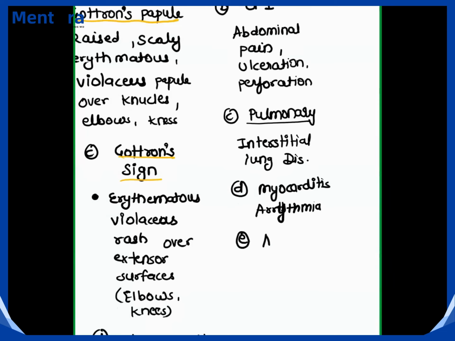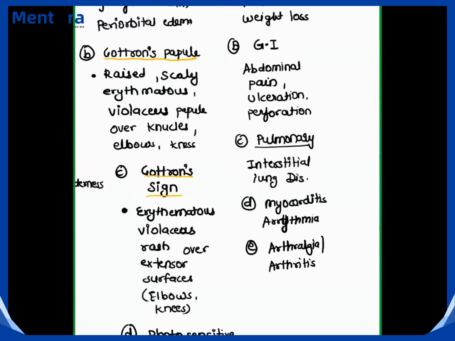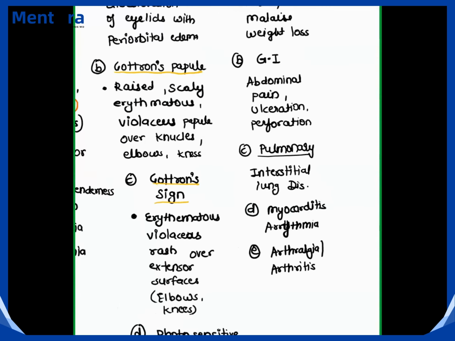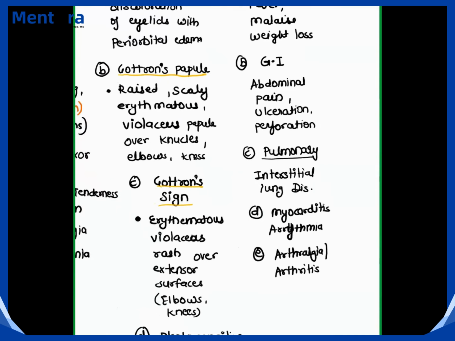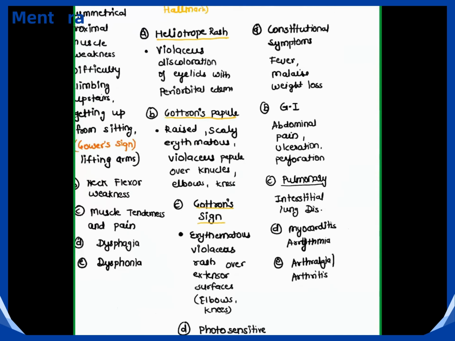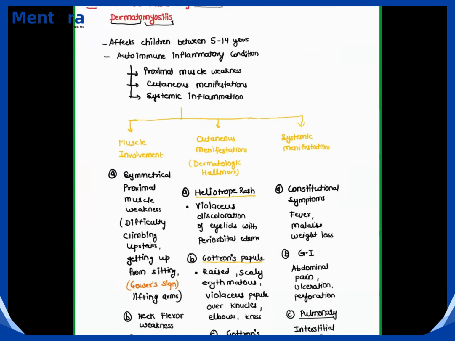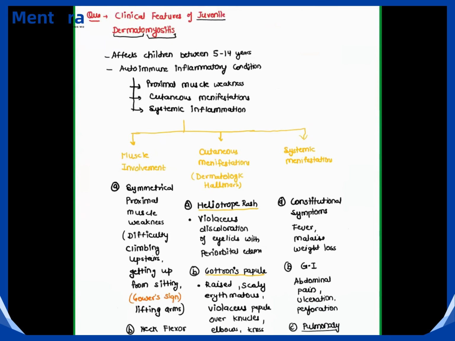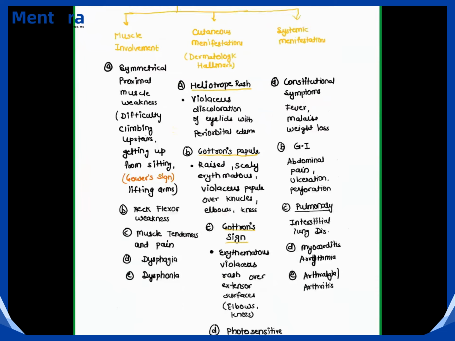Articular involvement, arthralgia or arthritis. So these are the clinical features of juvenile dermatomyositis. Juvenile means age 5 to 14 years, skin, muscular involvement, and the systemic manifestations.